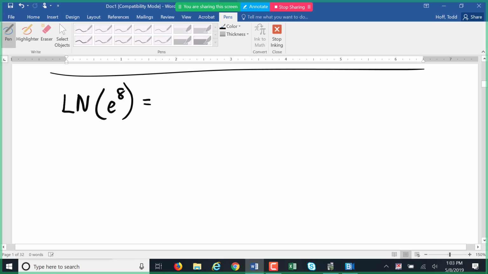So can you find ln of e to the 8th? Should just be 8. How about ln of the third root of e?